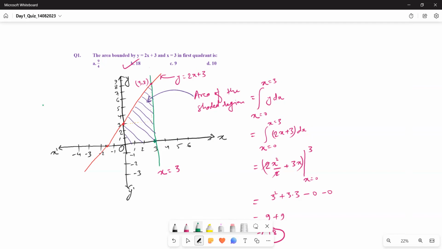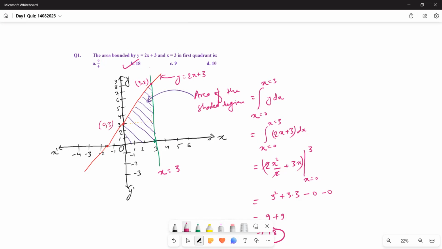How I have drawn this line: when you put x equal to 0, you have y equal to 2 times 0 plus 3, that is 3. So it will pass through this point, 0, 3.